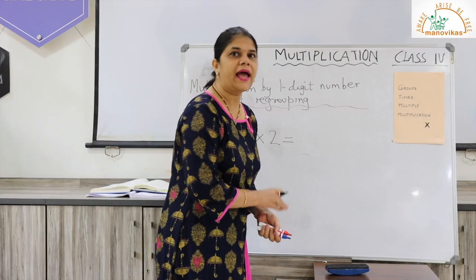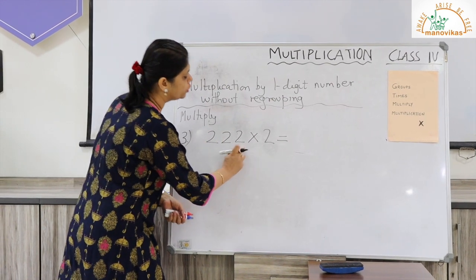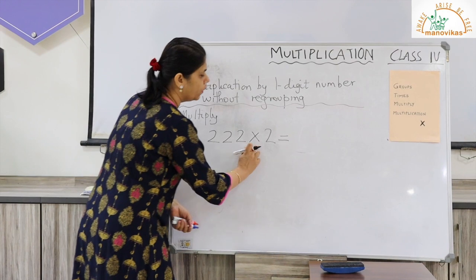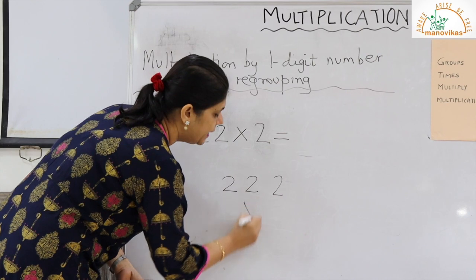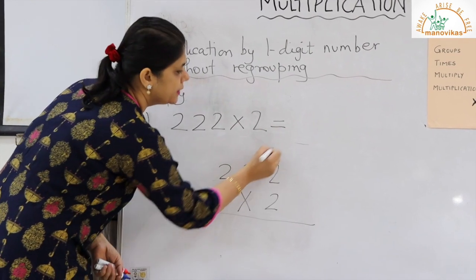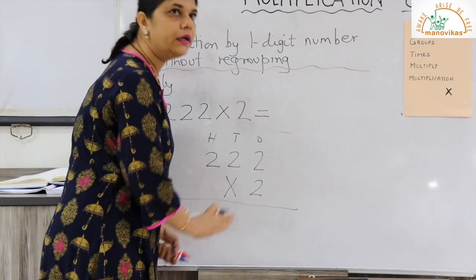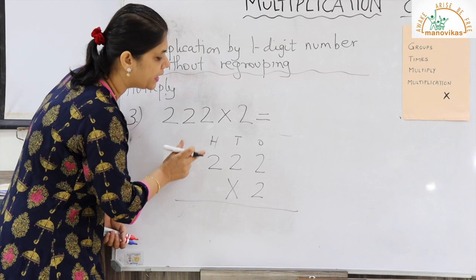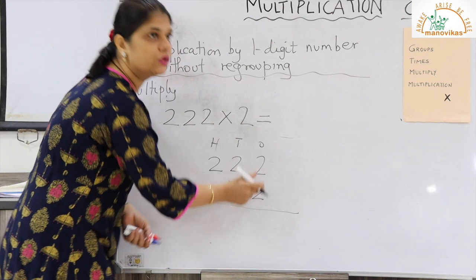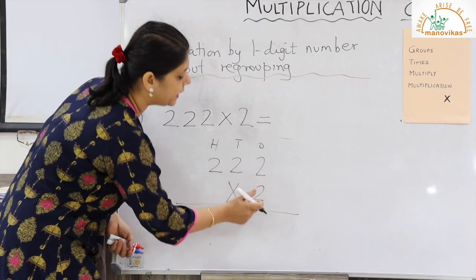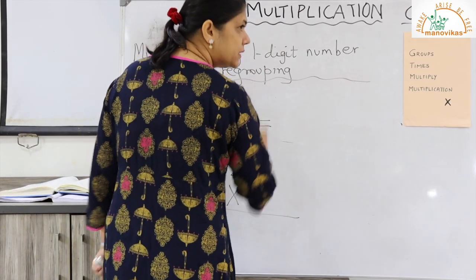Clear? Now look at the third example. Here you need to multiply the number 222 with 2. Okay? Now let us do it. 222 multiplied by 2 again. This is the ones place, tens place, hundreds place. Now again, children, you need to multiply this 3 digit number by this single digit 2. So you will multiply this 2 with each place in turns, but start from the ones place.